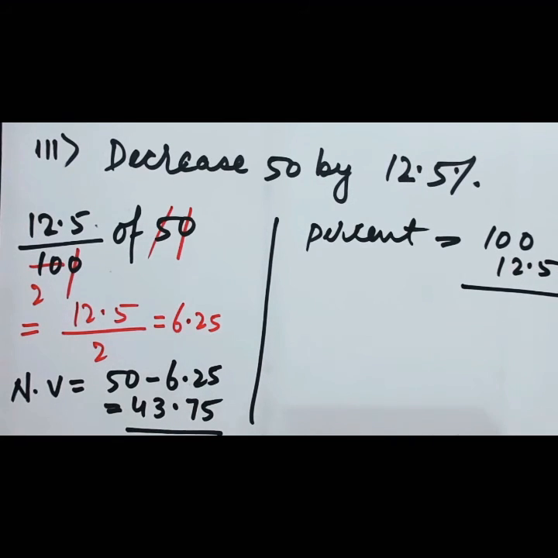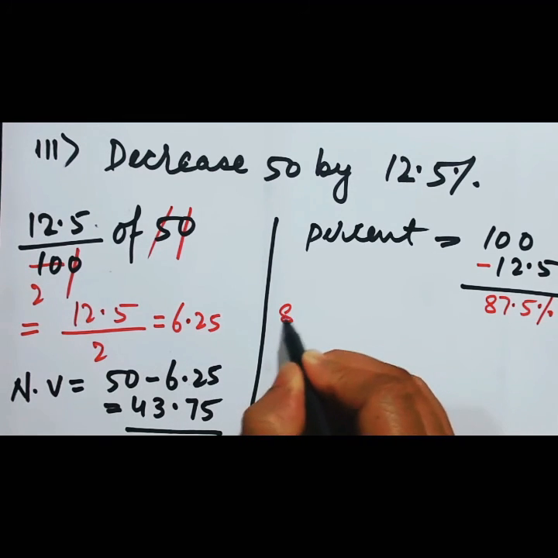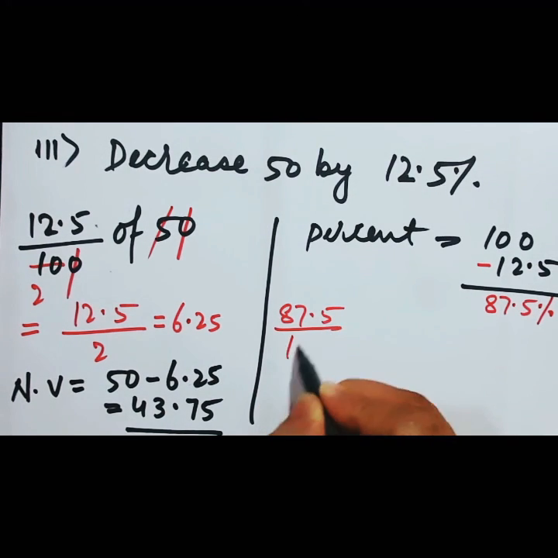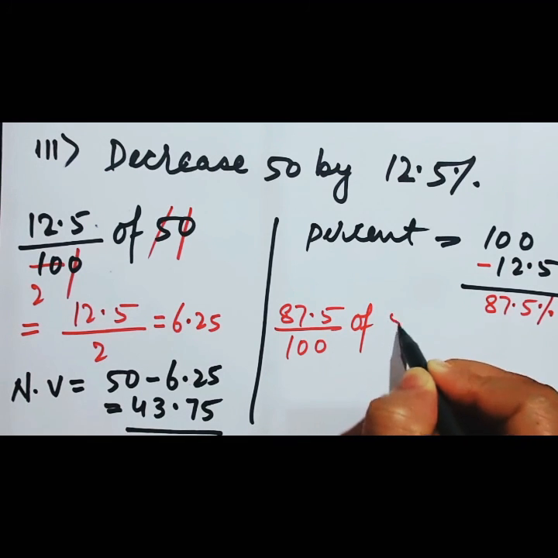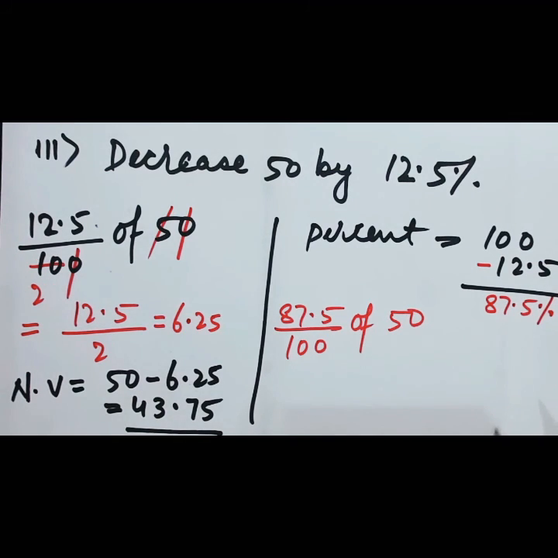So when we are decreasing the value, 100 minus 12.5 will give you 87.5%. That means if you find 87.5% of 50, you will get this value.